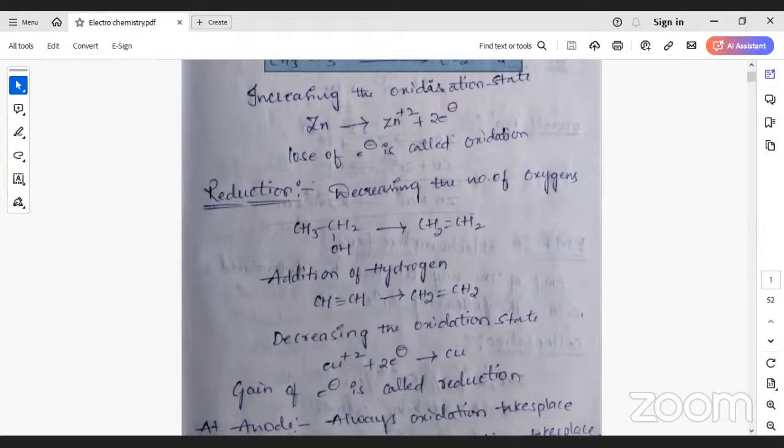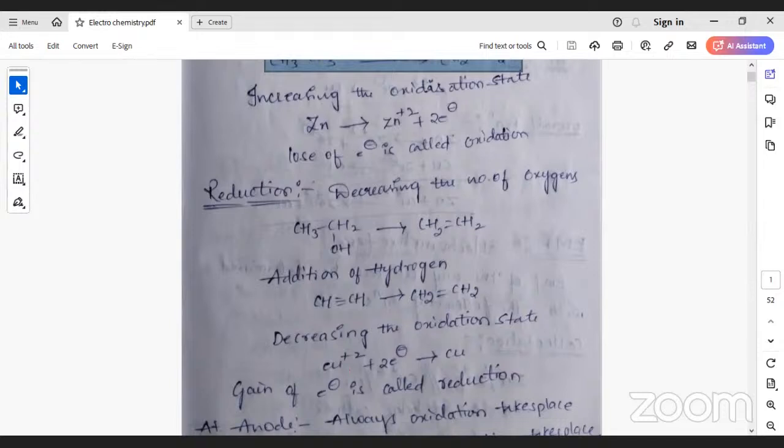So here, for example, for the Daniell cell, we are going to calculate the EMF. This is the Daniell cell, Zn plus 2, double vertical line, copper plus 2 by copper. The right side is the cathode and the left side is the anode. The oxidation potential of zinc is 0.76 volts.